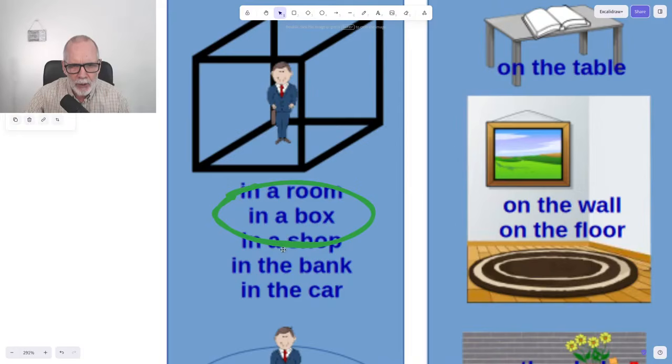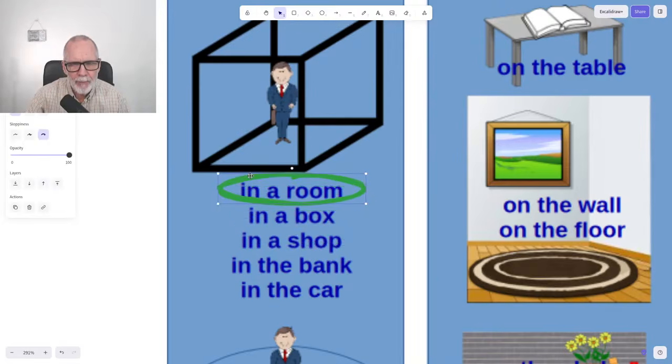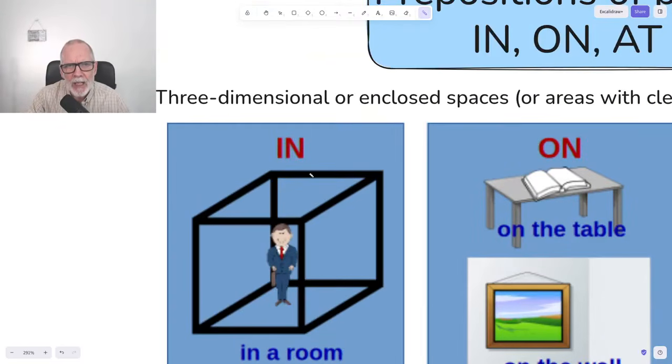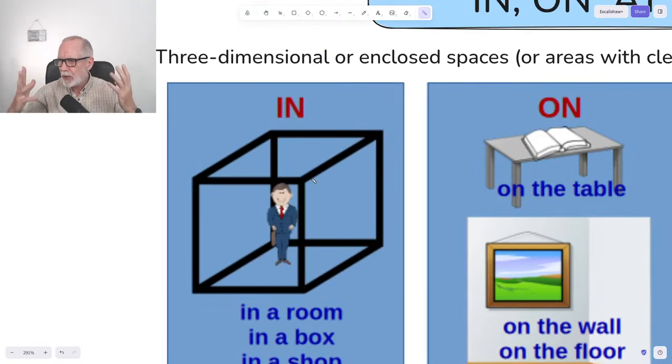So we got in a box, in a room, in a shop, in the bank, in the car. Voy a hablar más de transportes en un momento. Todo eso se aplica a la regla de un espacio cerrado de 3 dimensiones.